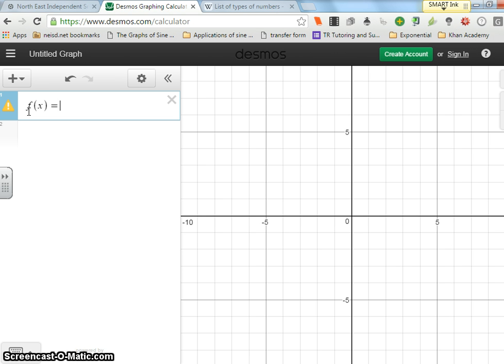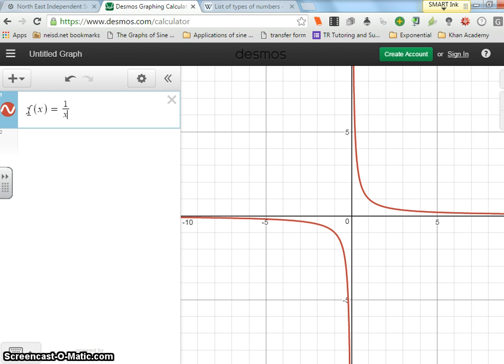Rational means it's in fraction form. So for example, one of the parents of a rational function is 1 slash x, 1 divided by x. And you can see the parent.